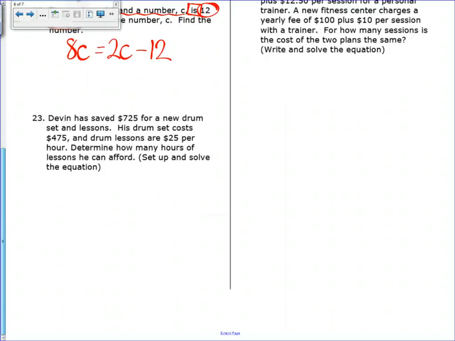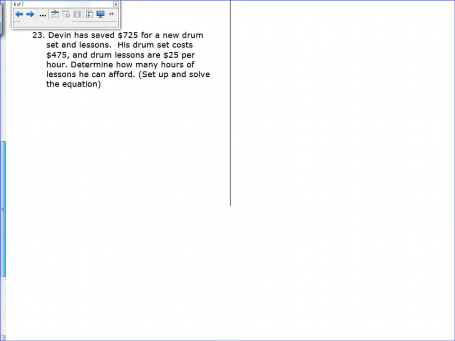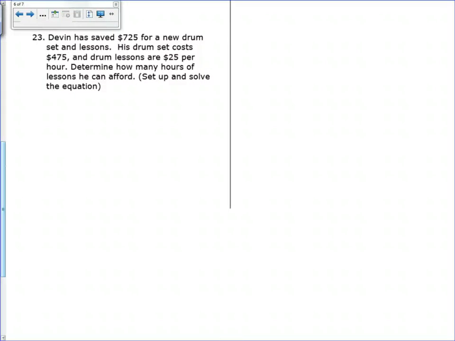Number 23. Devin has saved $725 for a new drum set and lessons. His drum set costs $475 and drum lessons are $25 per hour. Determine how many hours of lessons he can afford. Set up and solve the equation. So we know the total he's saved is $725.